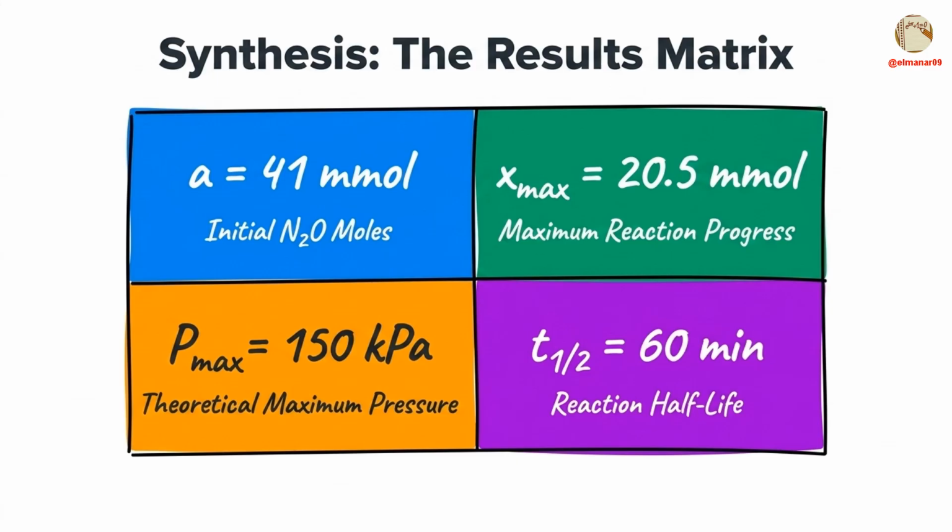Pmax equals 150 kilopascals, our destination, the final pressure at completion. T1/2 equals 60 minutes, our pace, the time it takes to reach the halfway point. These 4 values fully describe the story of our chemical reaction from beginning to end. Look at how much information we extracted from just a simple curve.